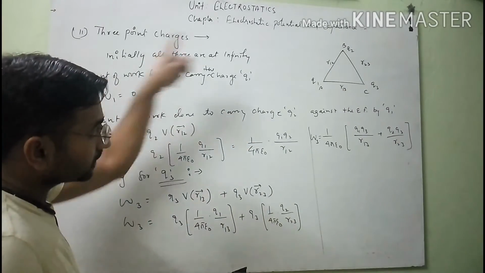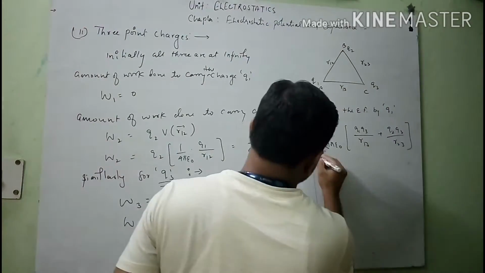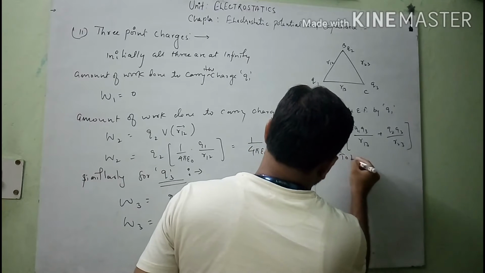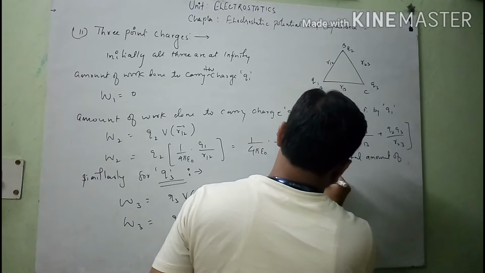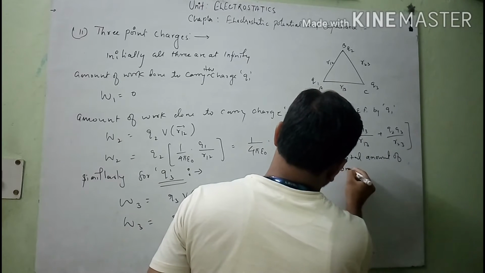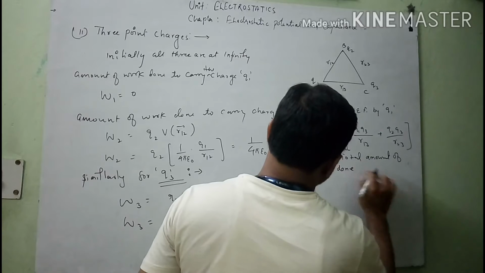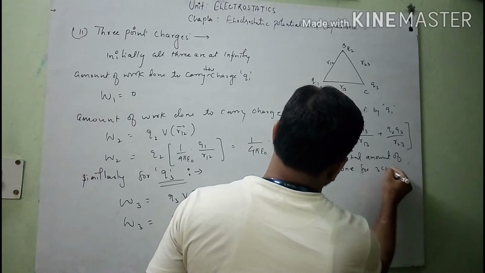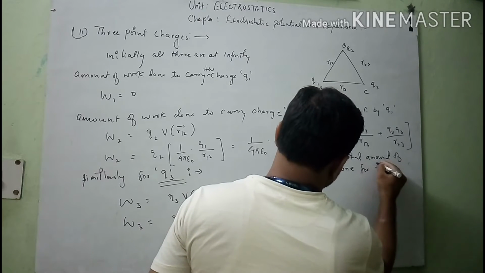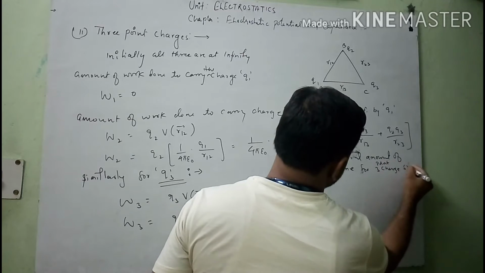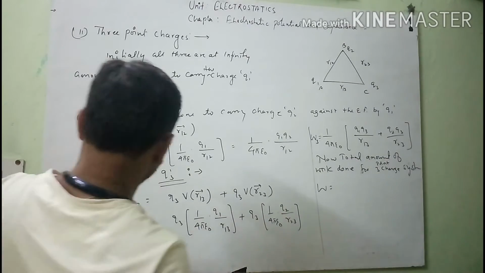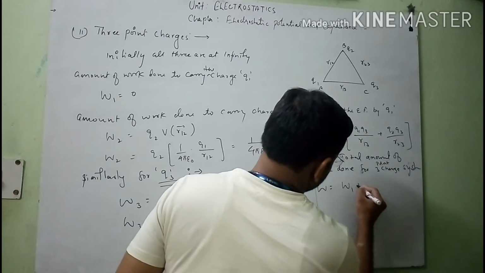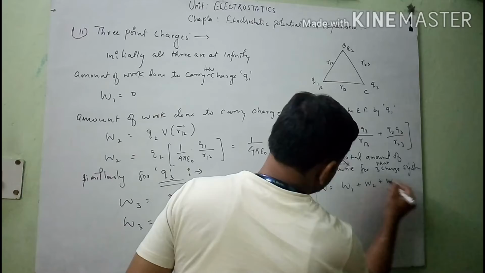Now the total amount of work done for the 3-point charge system. See here, W is equal to W1 plus W2 plus W3.